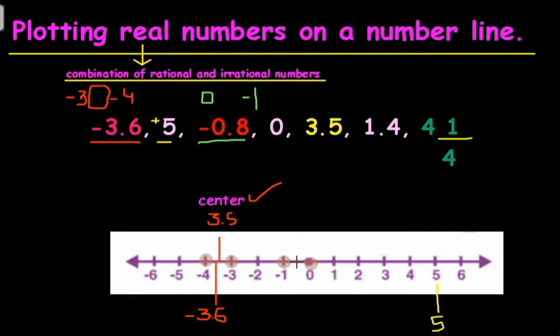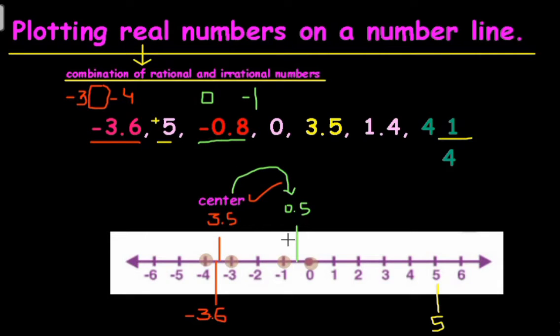So first of all, let me see where is 0.5, because between 0 and minus 1 the center is going to be 0.5. So this is basically negative 0.5. Now this is minus 0.8.